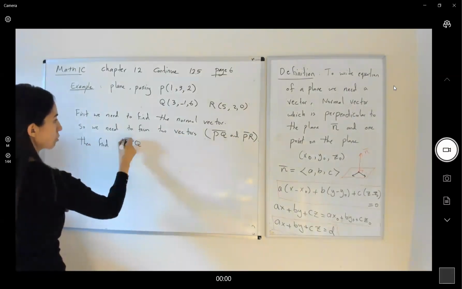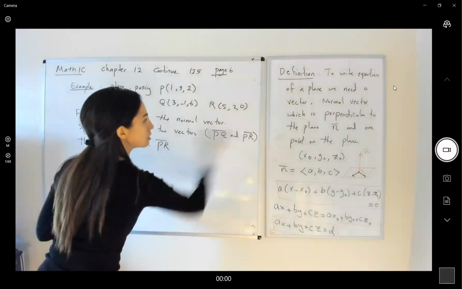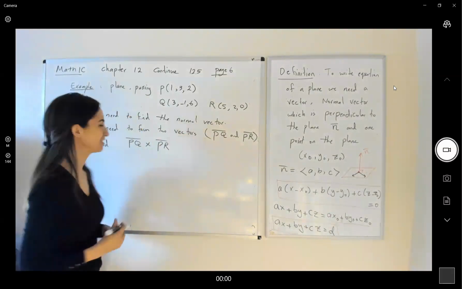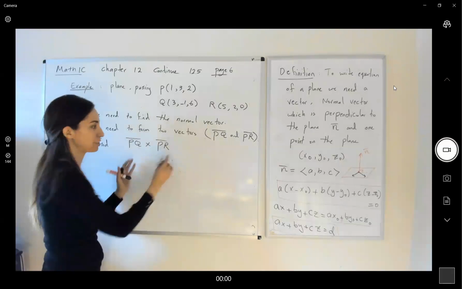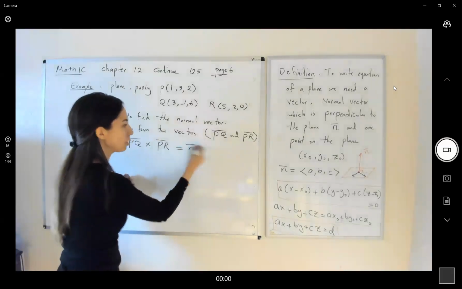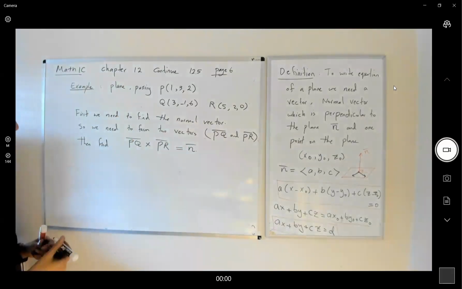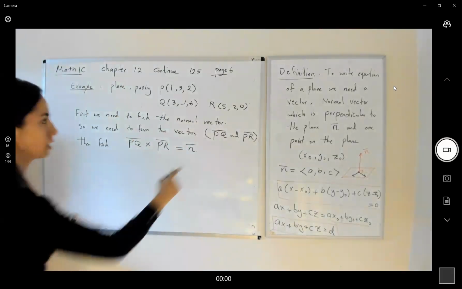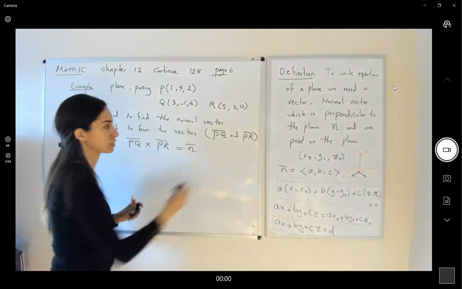We know that the cross product is perpendicular to the plane containing these two vectors, and we call it our normal vector. This is our goal. Okay, let us form PQ, PR, then the cross product.